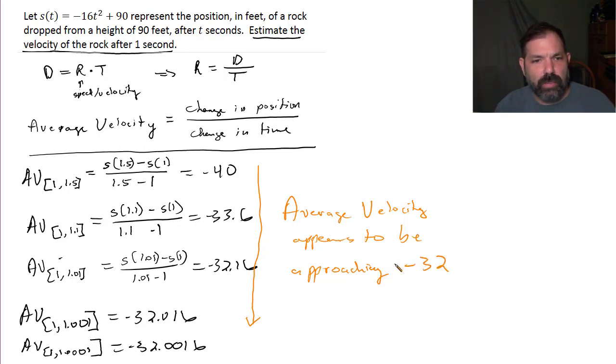What would the units be on that? Let's see. The units on the numerator, those were positions, right? So a change in position. The position was in feet. The units in the denominator, 1.5 minus 1, those were change in time. Those were in seconds. So feet per second.